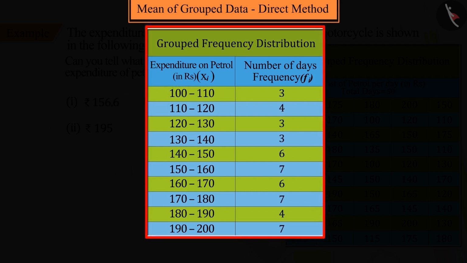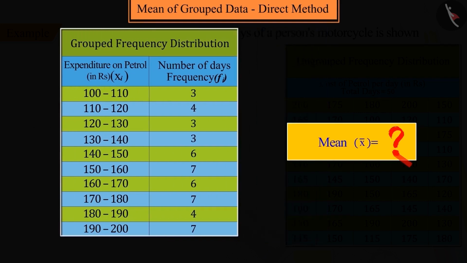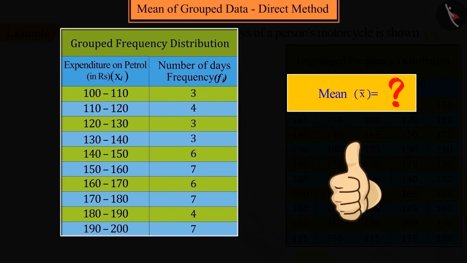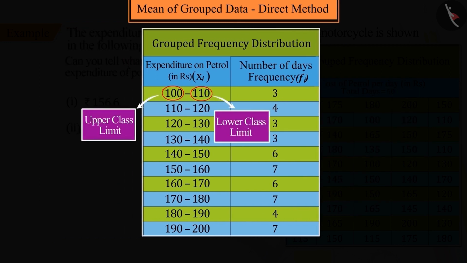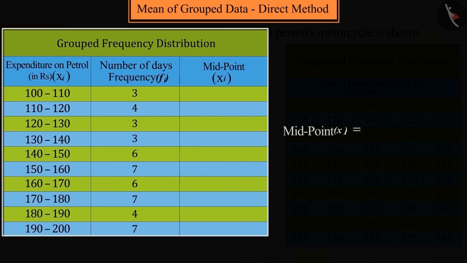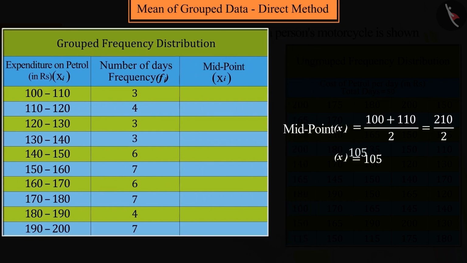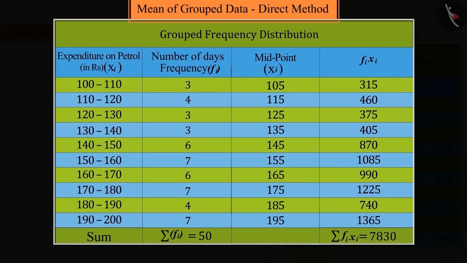So now with the help of this table, can you find the mean expenditure of petrol? Correct answer. To find the mean, find the midpoint of each class interval. Multiply them with their corresponding frequencies, find their sum, and then divide the result 7830 by the sum of their frequencies, that is 50.